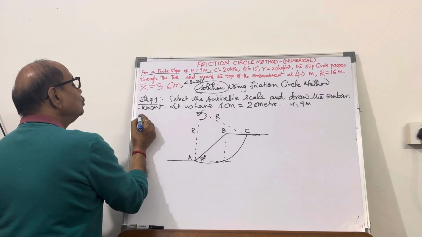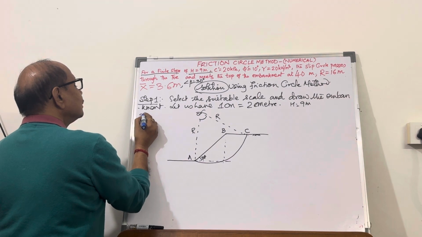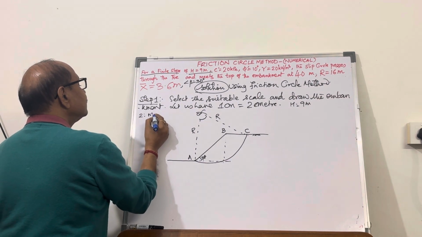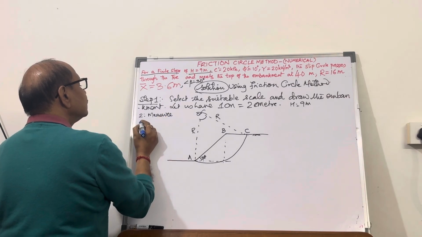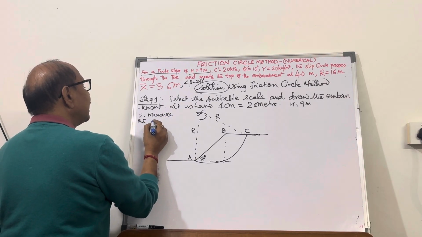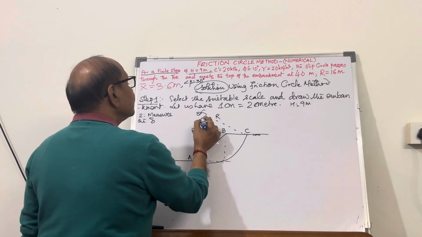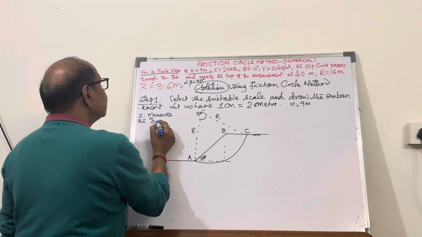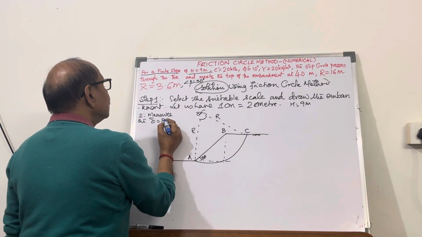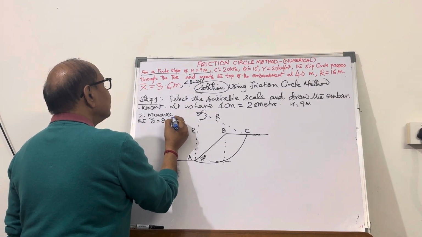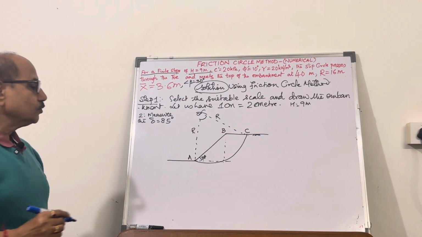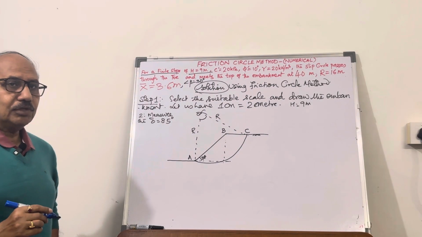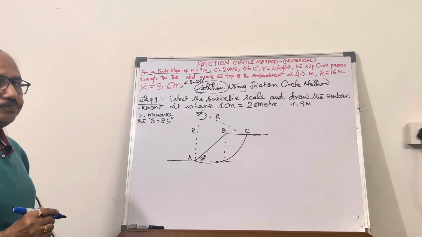So step 2 is to measure the central angle delta. So this angle delta, if you draw it and measure it, is approximately 85 degrees. So you get delta equal to 85 degrees.